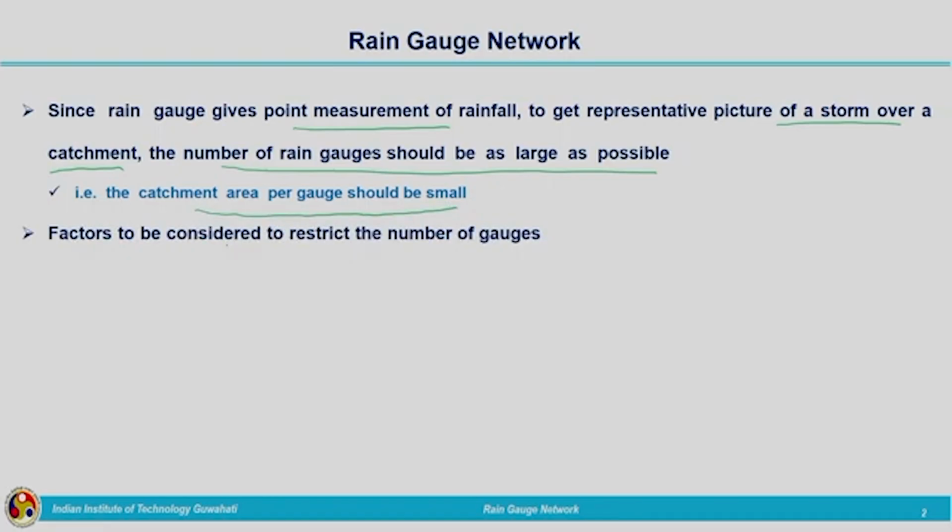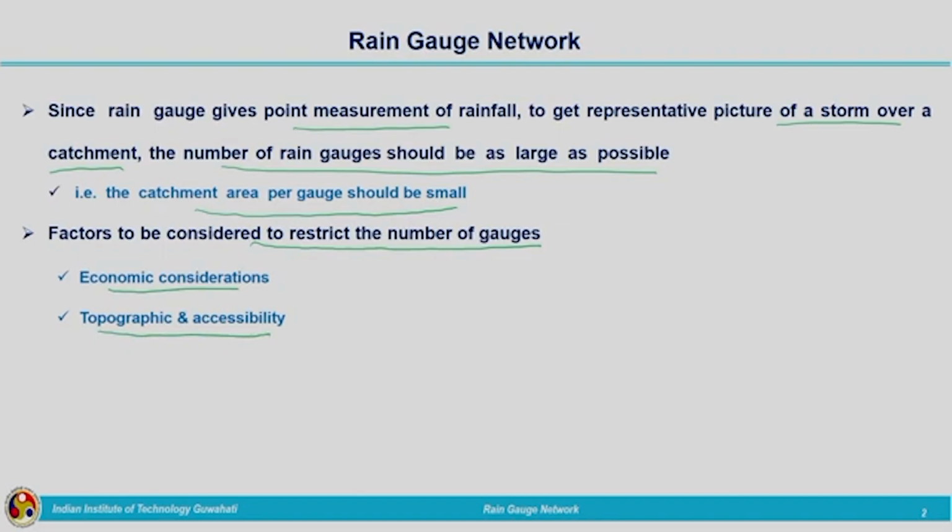Now, different factors are to be considered to restrict the number of rain gauges. We cannot install so many rain gauges in a particular area. That is good in one way, that we are getting measurements at different locations, but from an economic point of view it will not be okay. So, the factors to be considered to restrict the number of rain gauges are economic consideration and also topographic and accessibility conditions.